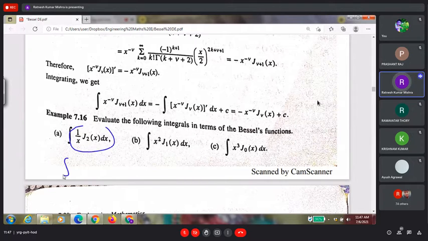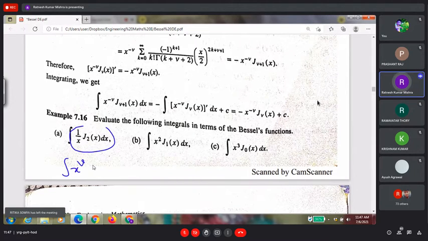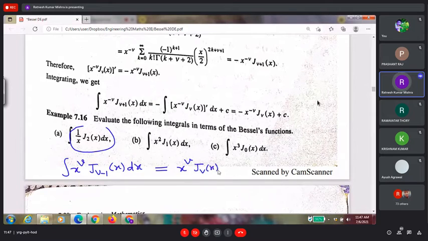This is the formula: the integral of x to the power v Jv minus 1 of x dx equals x to the power v Jv(x) plus constant of integration.